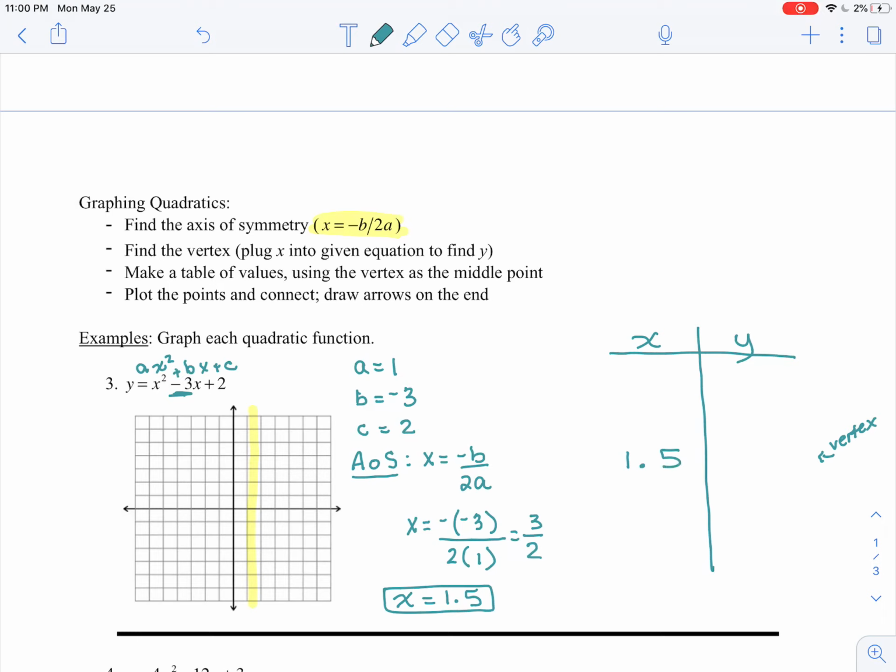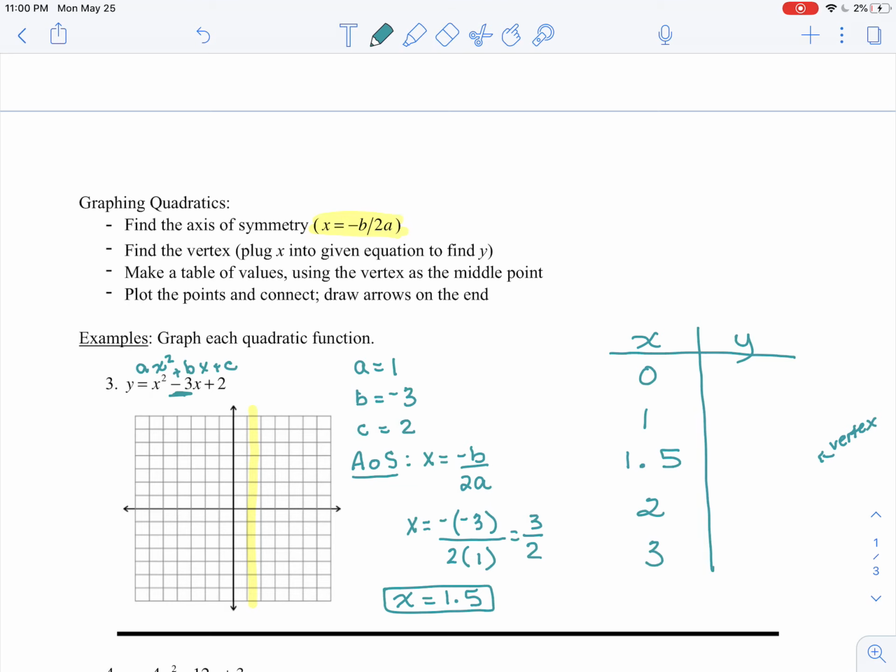So I'm going to put in the axis of symmetry that we just found, 1.5, and then choose two values below that x number and two values above. So below 1.5, let's pick 1 and 0. Above 1.5, I'm going to choose 2 and 3.